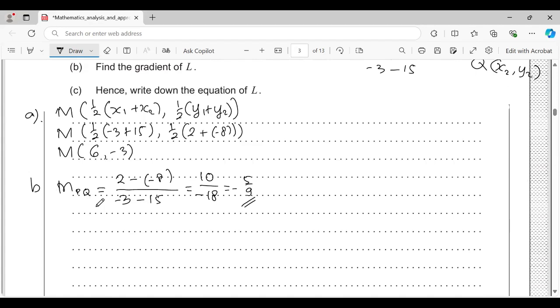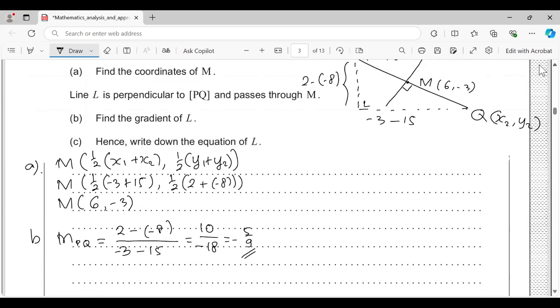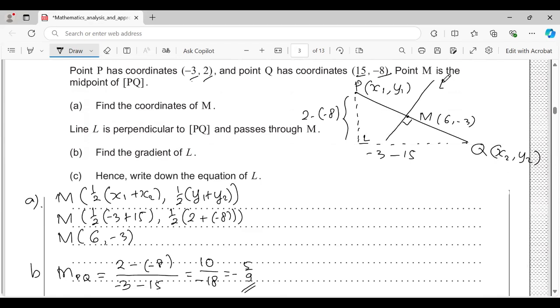And we're going to find the gradient of L. How to find it? I'm going to continue on this page. Gradient of PQ multiplied by gradient of L equals -1. Gradient of PQ is -5 over 9, multiplied by gradient of L equals -1.